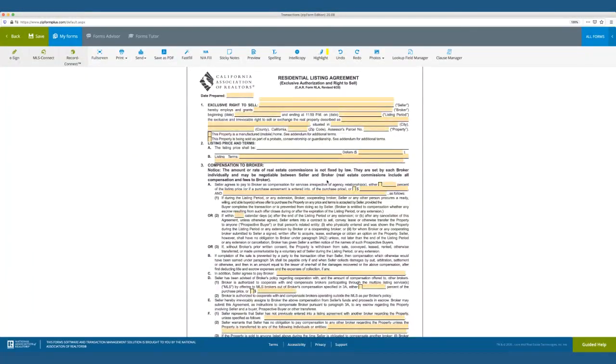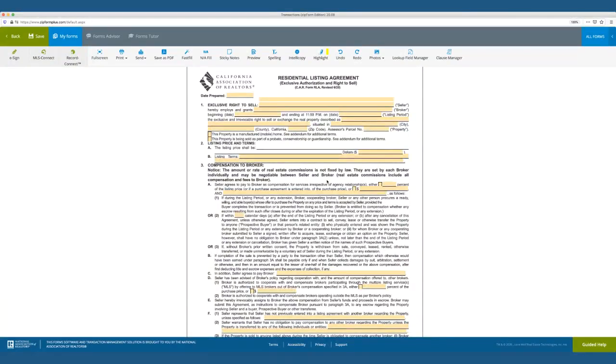And so you negotiate with your seller as to what the commission is. And this is the total commission to be paid. And keeping in mind that if this listing is going in the MLS, we as a company require that 2.5% is offered to the cooperating broker.